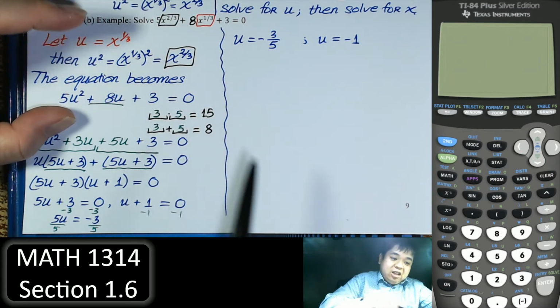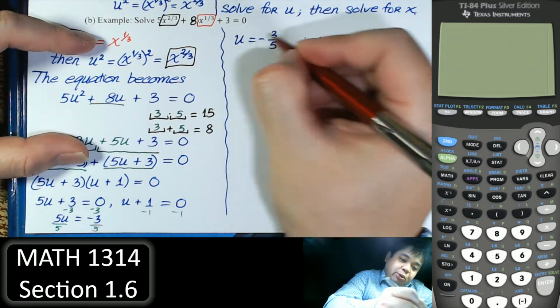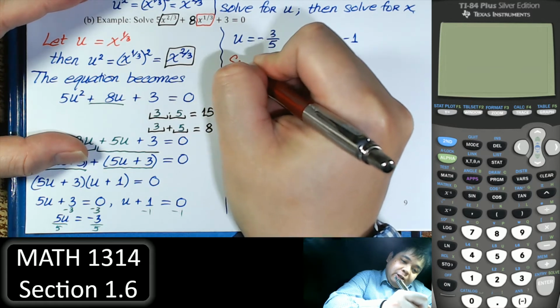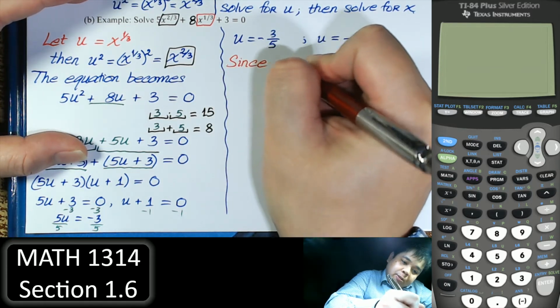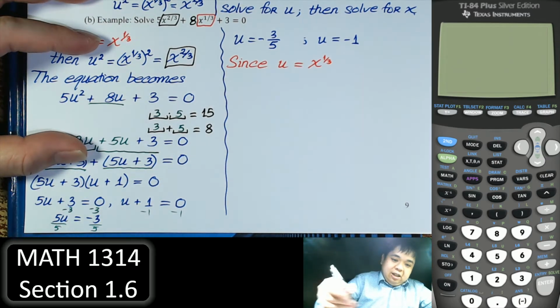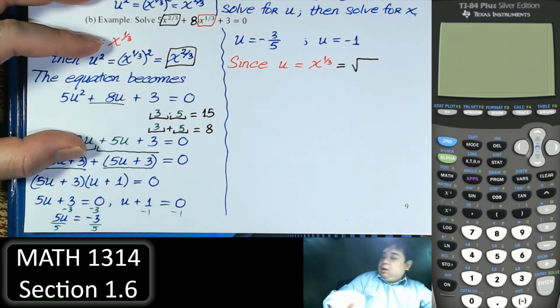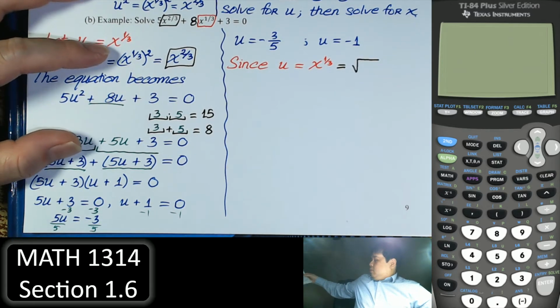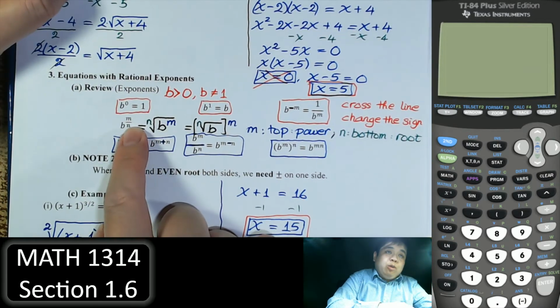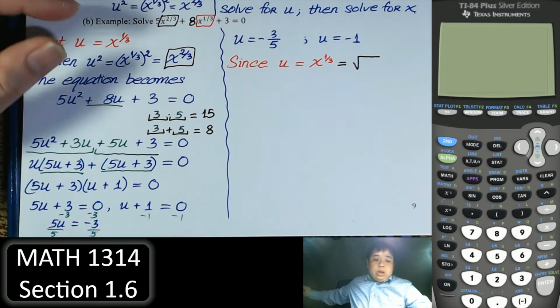Next, we solved for u. The question did not ask us to solve for u, it asked us to solve for x. So since u equal to x to the 1/3, we can rewrite this as a root. The top is the power, the bottom is the root. So power on top, root at the bottom.